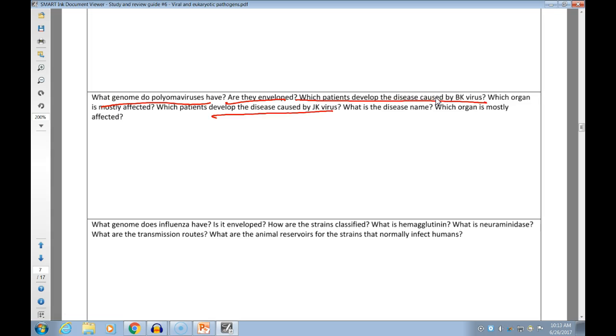JC virus, it should be JC, sorry. JC virus, immunocompromised patients. BK virus affects the liver. JC virus causes progressive multifocal leukoencephalopathy, PML. It's in the brain. Okay.